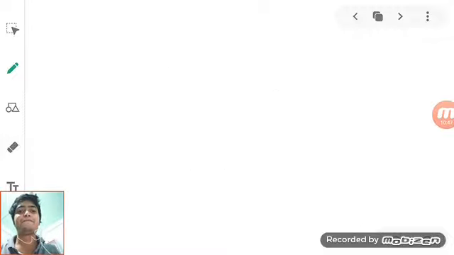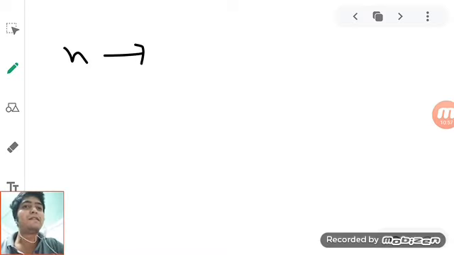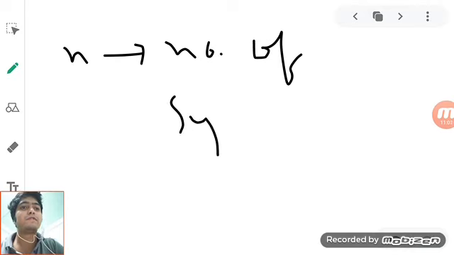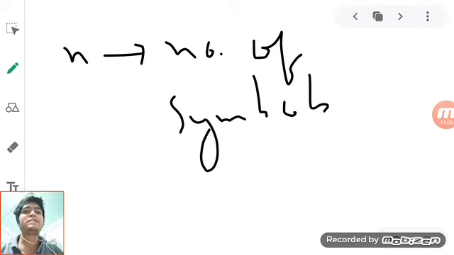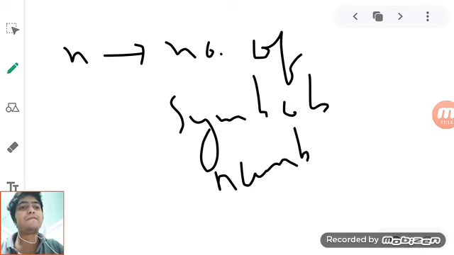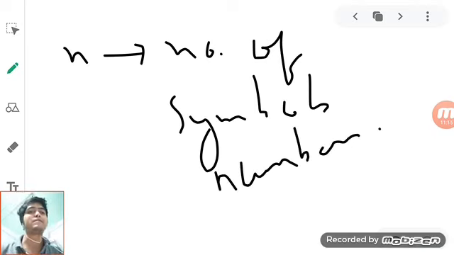So let's see. If you put n, n is the number of symbols. Just remember that, number of symbols. By symbols, it can be numbers or letters or anything, but usually we will use numbers.